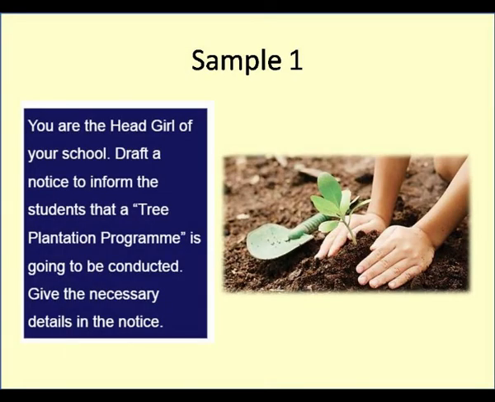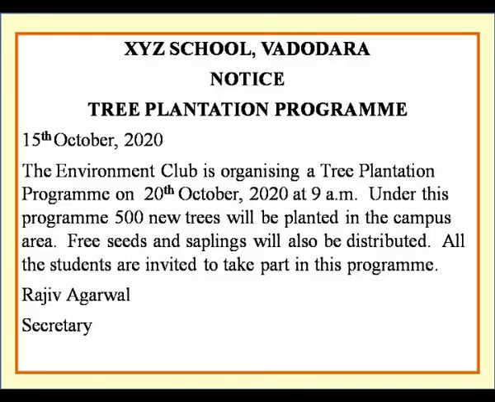A simple one. You are the head girl of a school. Draft a notice to inform the students that a tree plantation program is going to be conducted. Give the necessary details in the notice. As you can see, first we have put the heading, then the word notice, and then the heading of tree plantation program, and the date.